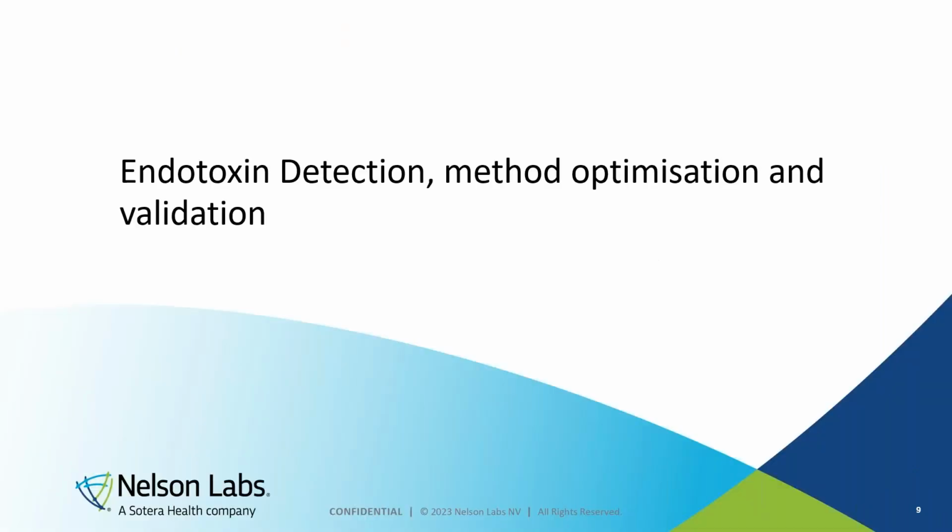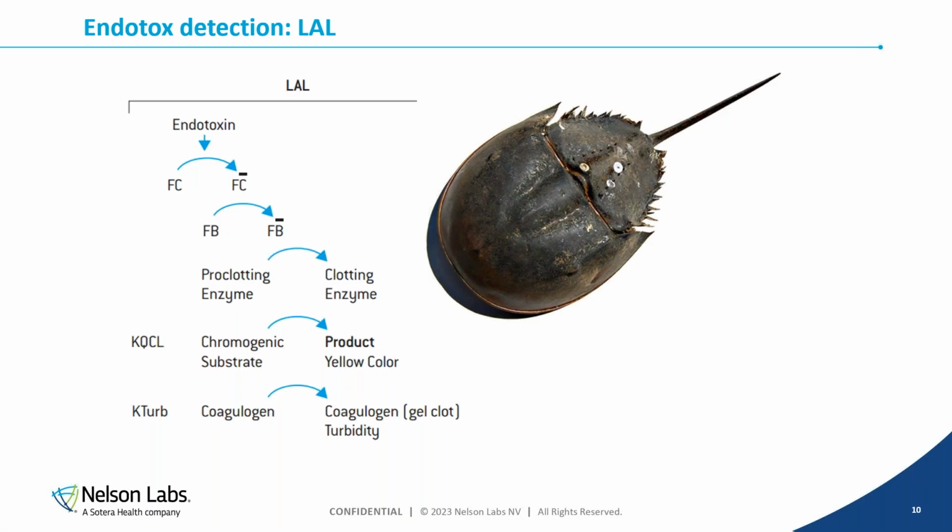And then a few words about the endotoxin detection method. I'm going to be very brief about this. There are a number of endotoxin test methods available, but I'm only going to treat the LAL assay, since this is the one that is most frequently used. The LAL assay is based on the blood of this living fossil, the Limulus polyphemus, or the horseshoe crab.